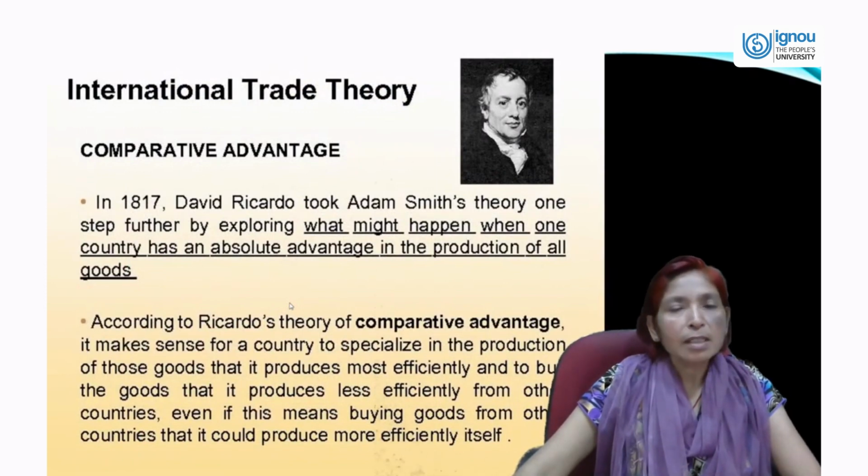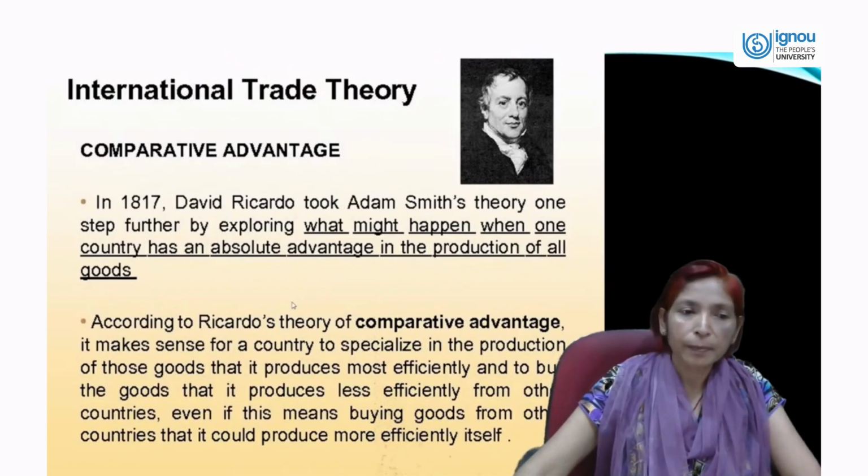Comparative cost advantage theory was developed by David Ricardo in 1817. David Ricardo took Adam Smith's theory one step further by exploring what might happen when one country has an absolute advantage in the production of all goods.